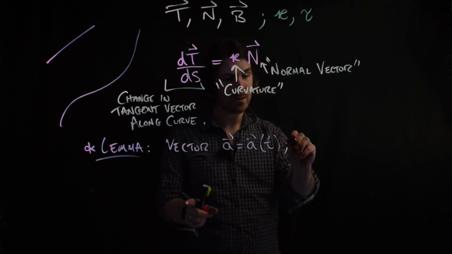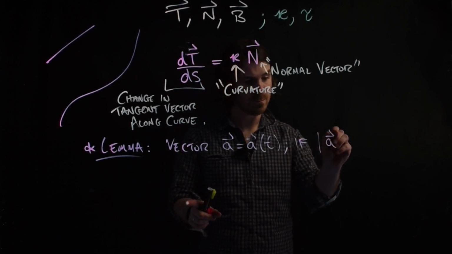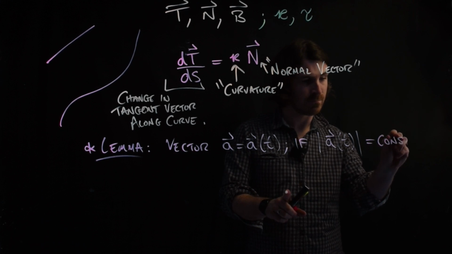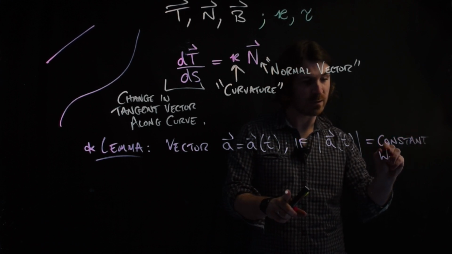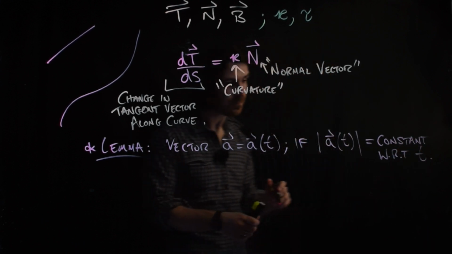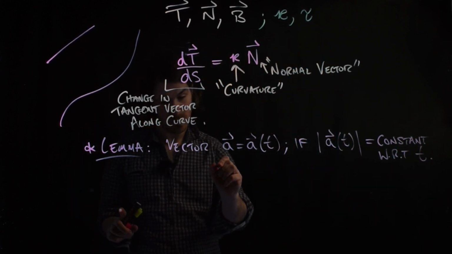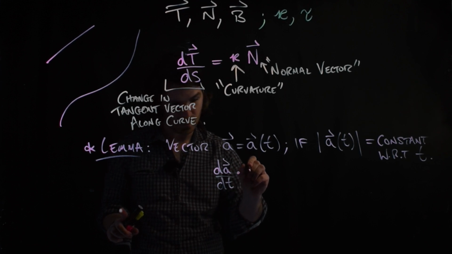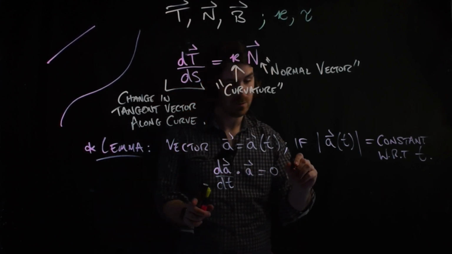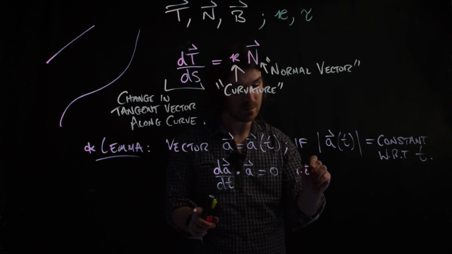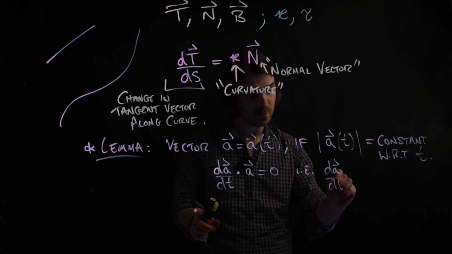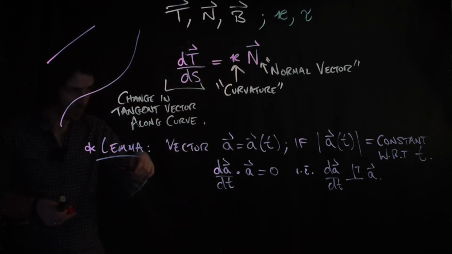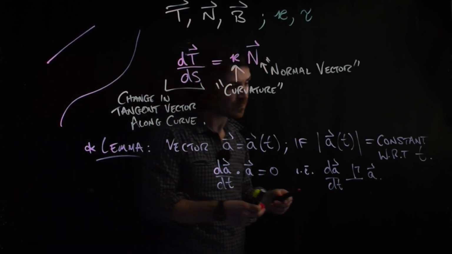If the magnitude of A is constant with respect to changing t, then the following is true: the dot product of the derivative of A with respect to t with A equals 0. dA by dt is perpendicular to A, or orthogonal, I should say.